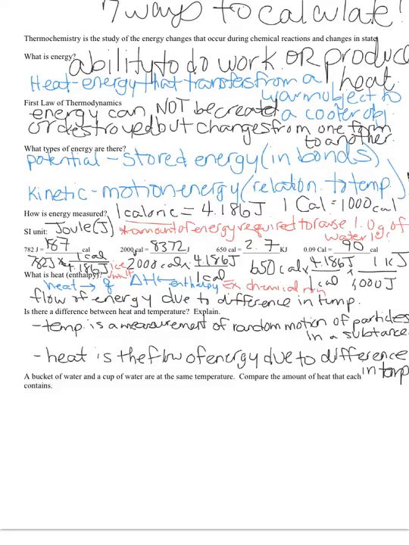We're going to look at how the energy is being transferred due to this difference in temperature. Let's use this example to get you started thinking about it. It says a bucket of water and a cup of water. You have a bucket full of water and a cup full of water. They're at the exact same temperature. It asks us to compare the amount of heat that each contains.